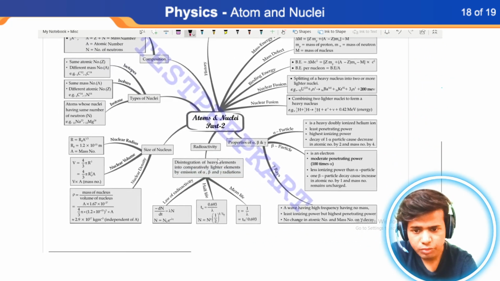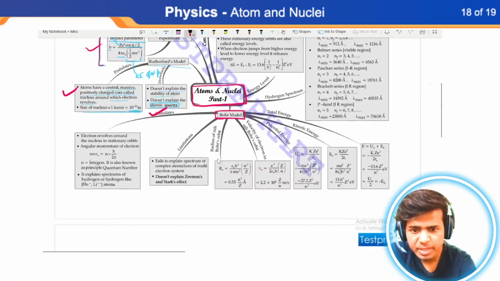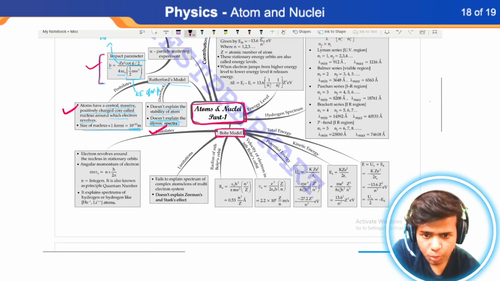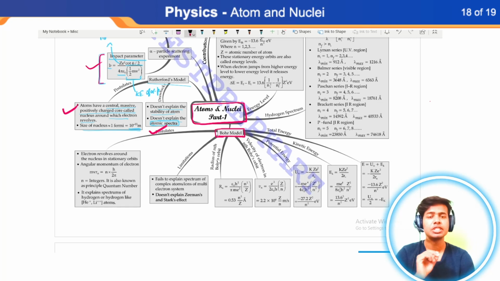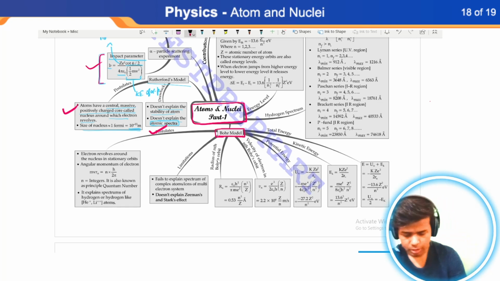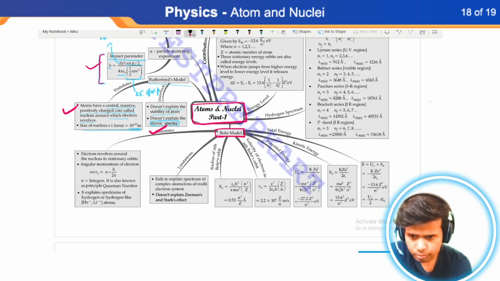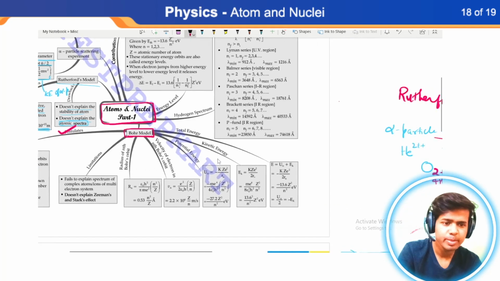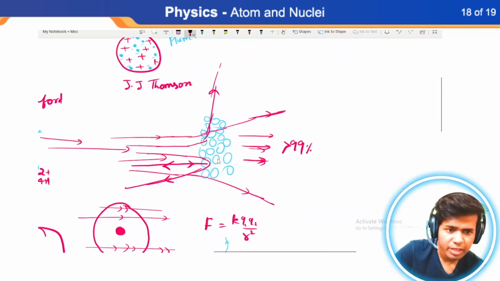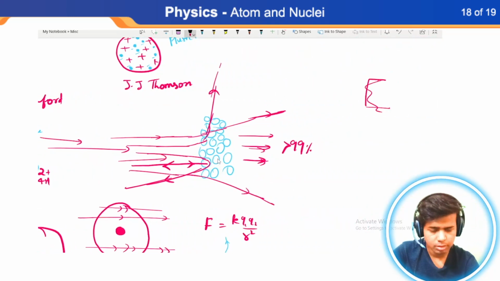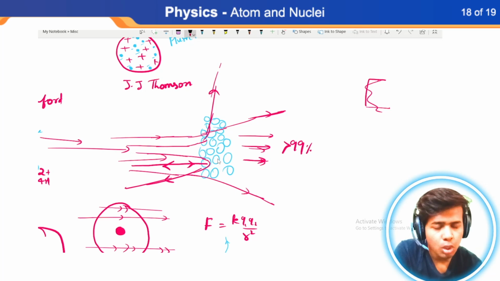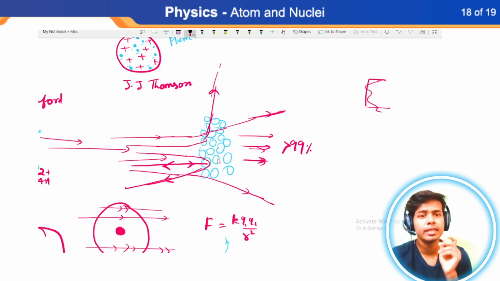One of the basics of Bohr's model is the quantization of angular momentum. Angular momentum is always quantized. What is the meaning of quantization? Whatever angular momentum an electron can have, it should always be a multiple of a certain constant.